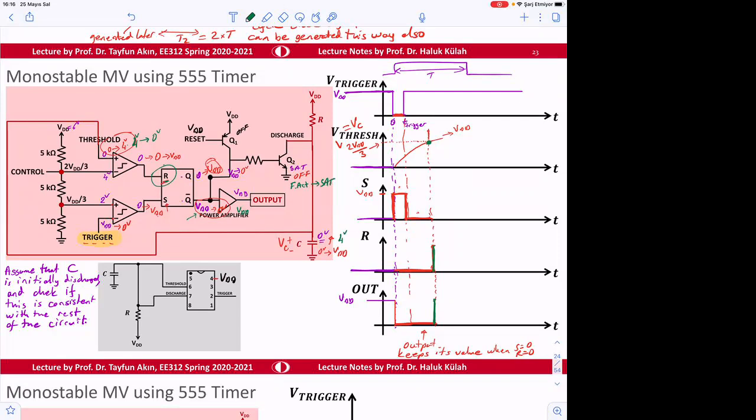Okay, so the capacitor will start discharging very quickly. Okay, and then the current is going to be very quickly discharging here.